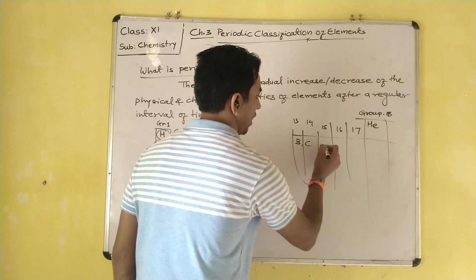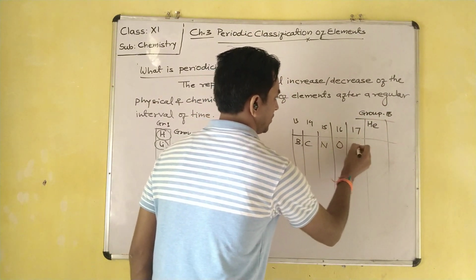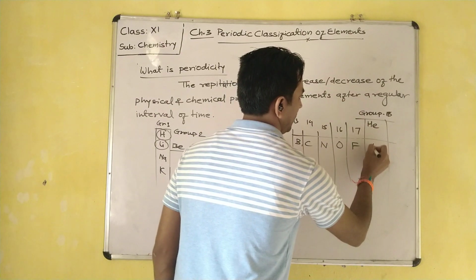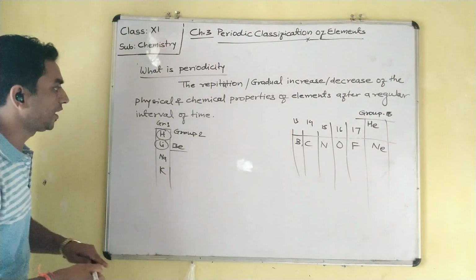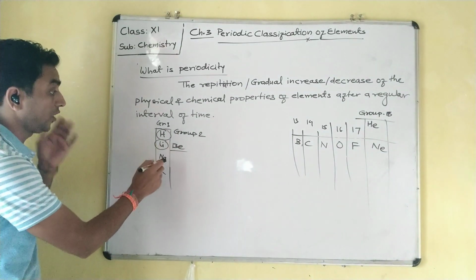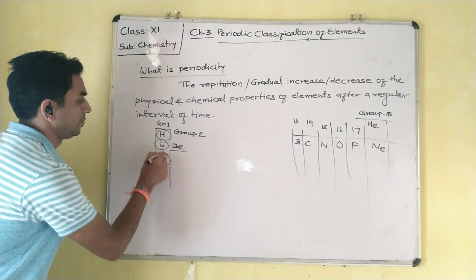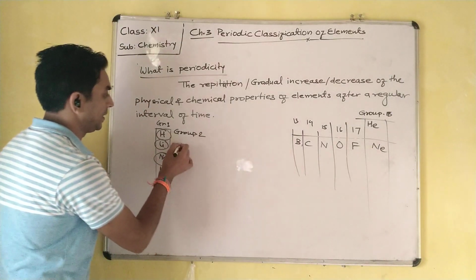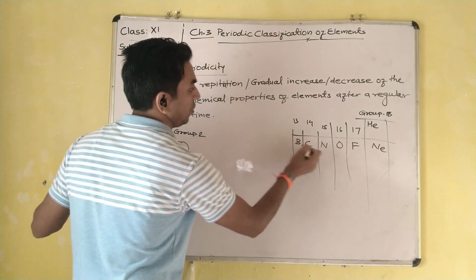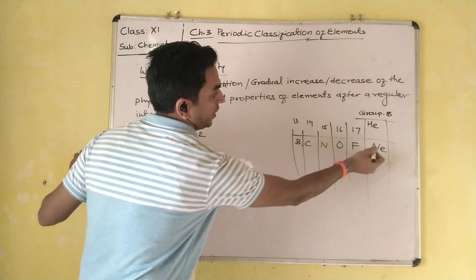So boron, carbon, nitrogen, oxygen, fluorine and neon. After this regular interval, again sodium comes.